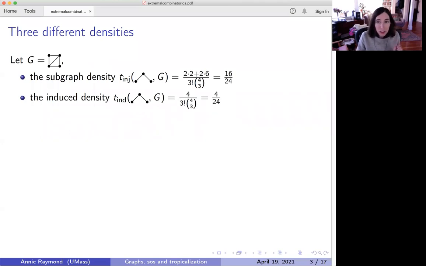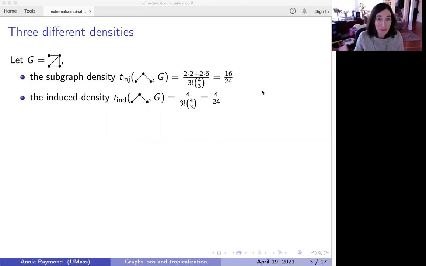So for example, I couldn't have this vertex go to this vertex, and this vertex go to this vertex, and this vertex go to this vertex. This would not be an induced map, because then I have an edge between my heart and my question mark, and I want non-edges to go to non-edges. So that doesn't work as an induced map, whereas for my subgraph density, I would count that one.